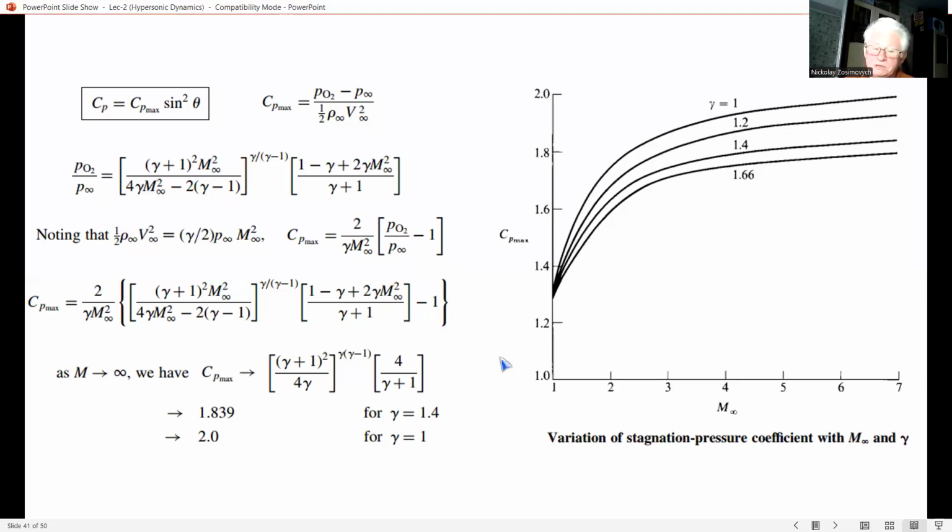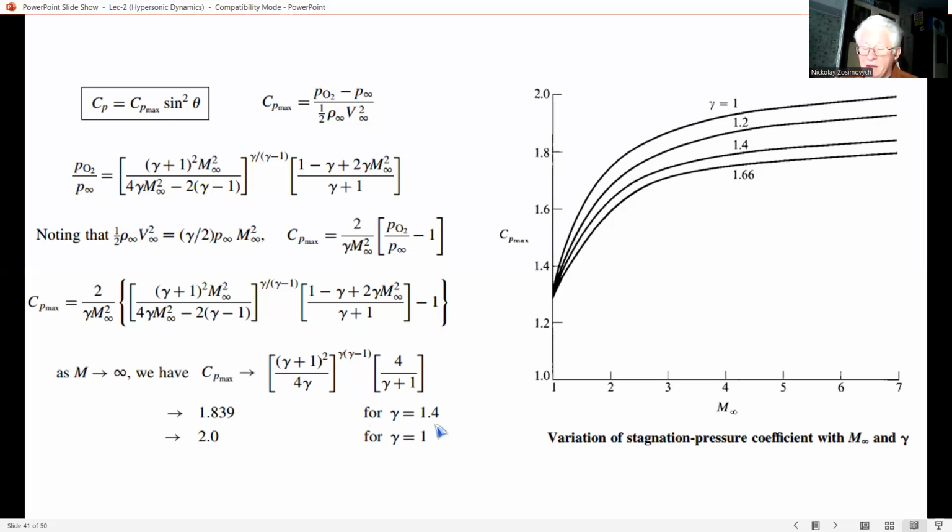But we should note that in the limit as M goes to infinity, we have Cp max in this expression: gamma plus 1 squared over 4 gamma to the power gamma over gamma minus 1, times the second component 4 over gamma plus 1.